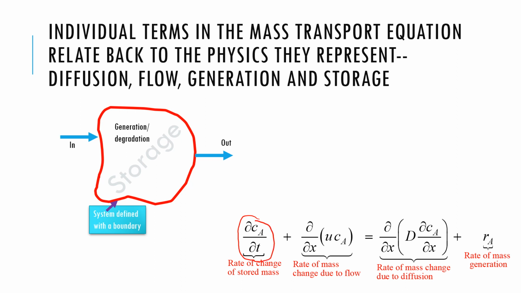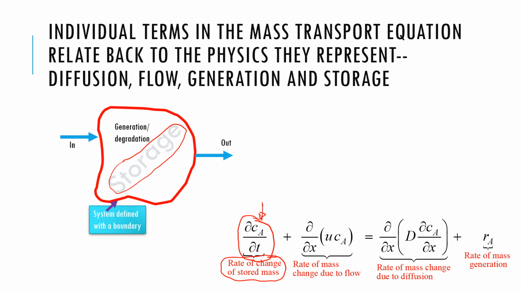is the change in concentration with time. Concentration changes with time if it stores more or less. So this one has to do with the rate of change of stored mass. That's what this term represents. If we think of a finite volume, then the storage part is what this one represents.